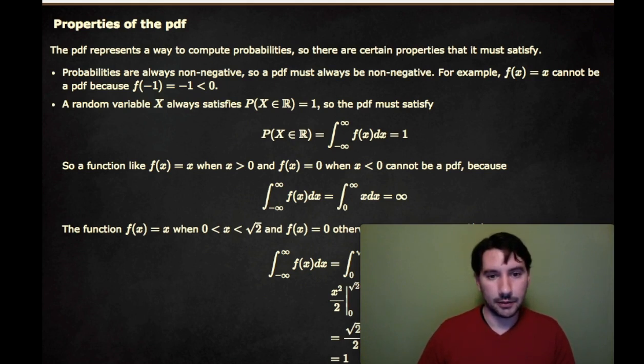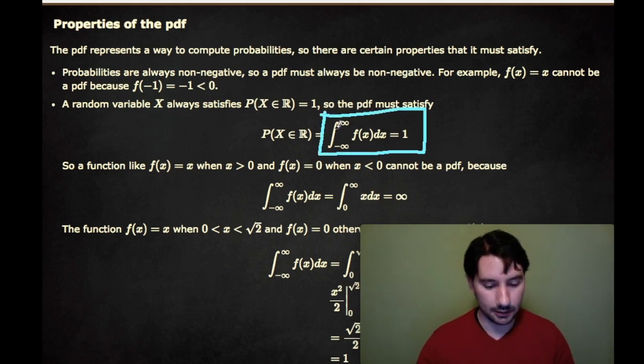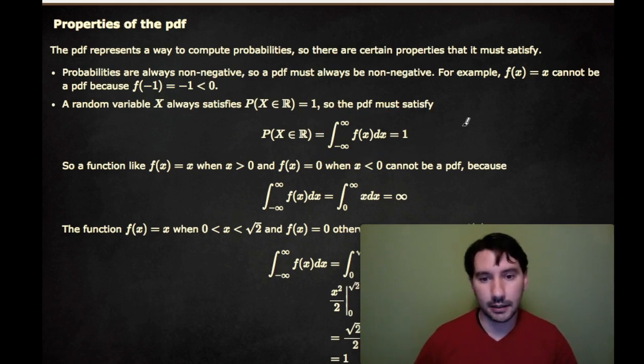Also, a random variable satisfies that the probability that it's a real number is 1. So the integral from -infinity to infinity of f(x) dx must equal 1, either by being a function that has positive value everywhere that integrates to 1, or it's 0 everywhere except for, say, on some finite set.